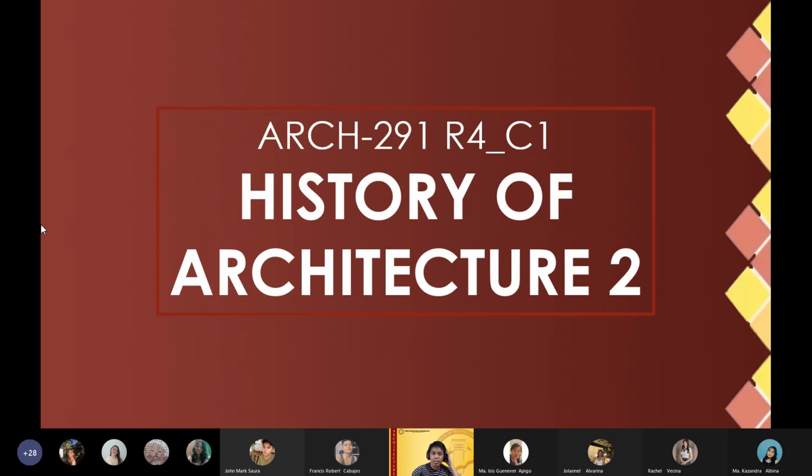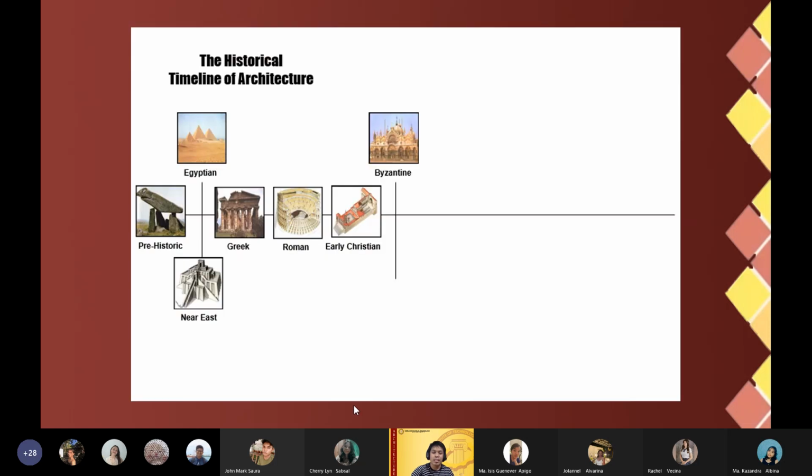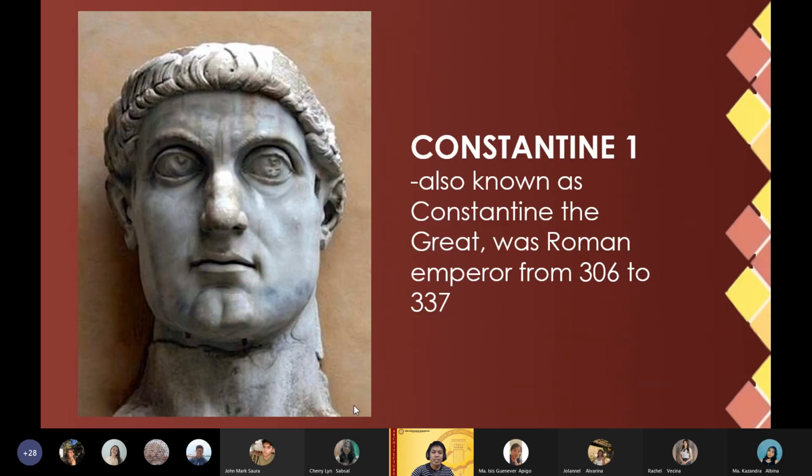Okay, so we'll start our discussion. Today we will discuss Byzantine architecture. This is just a continuation of what we've discussed last meeting, which is a week ago. So we all know that Byzantine architecture happens after the early Christian architecture. Same with early Christian architecture, it also started with Emperor Constantine.